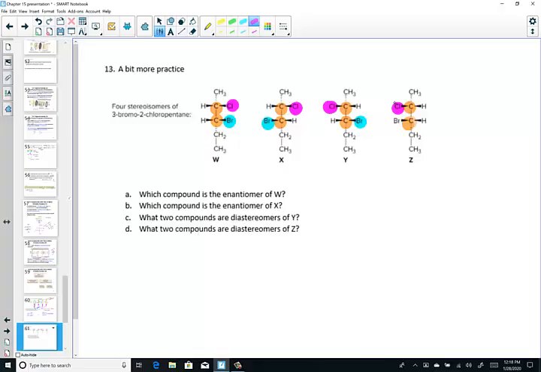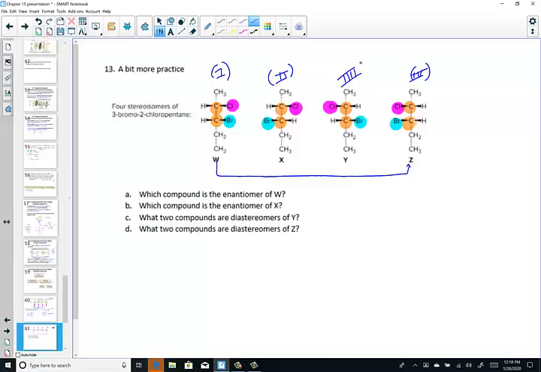Let's compare here. Here's chlorine and bromine. So which 2 structures would give mirror images to one another? I notice W and Z, structure 1 and structure 4, if that's easier. And this would be structure 3, however you want to label them.